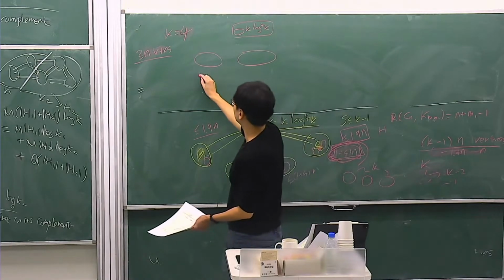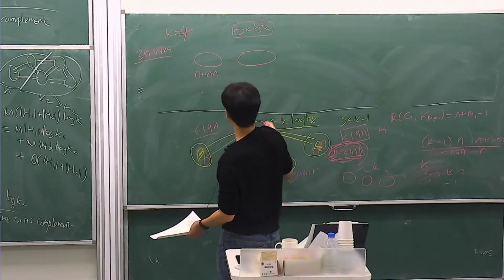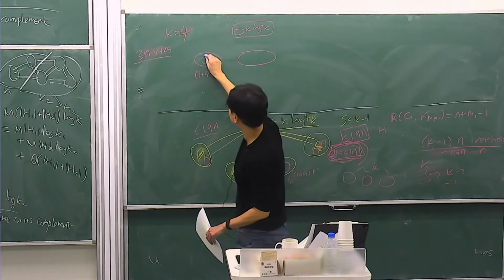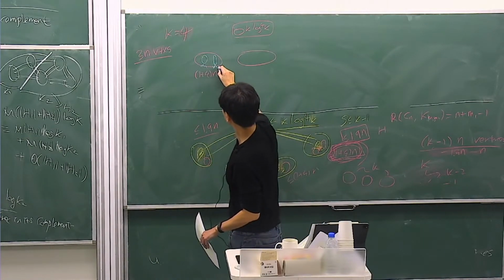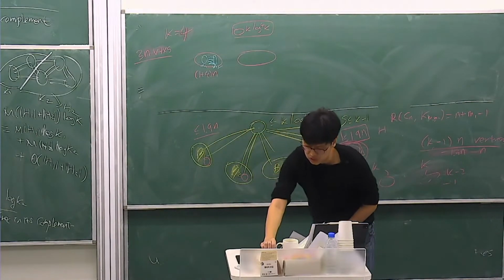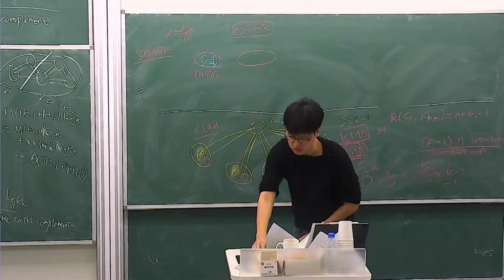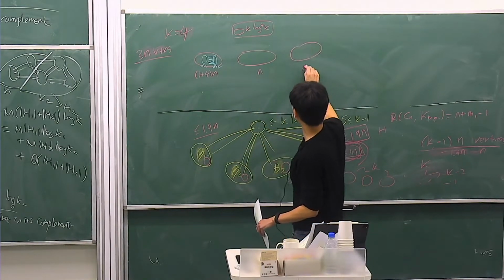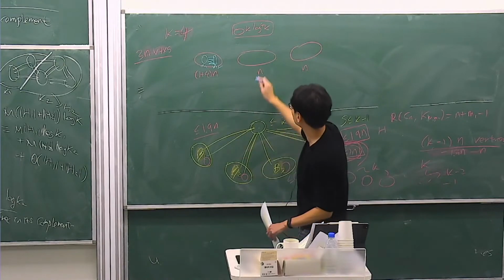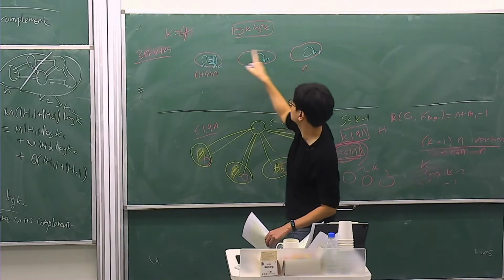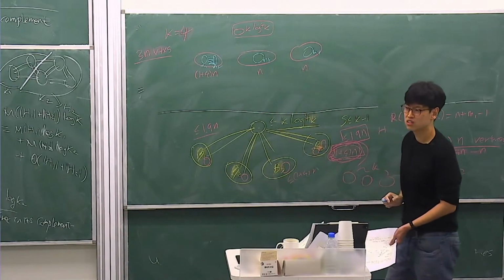And then if you have 1 plus epsilon n here, then you can find the two parts, M1 and M2, right? And then if here you have n vertices, and here you have n vertices, then you can just find M3, M4, and that's already H you get, right?